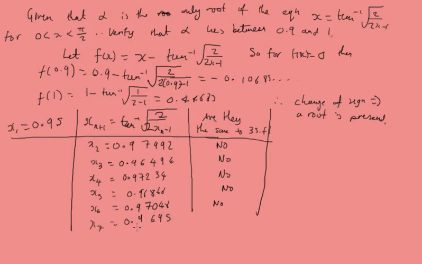Now if you round it up to three significant figures, you'd get 0.970.